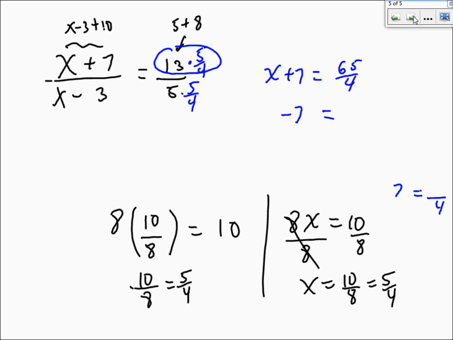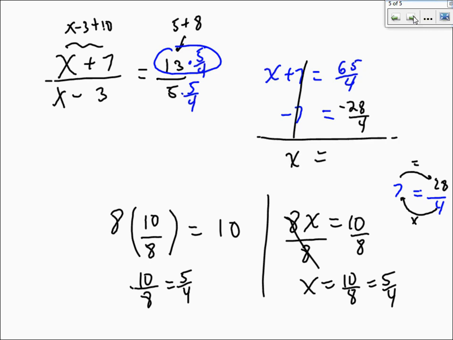It's really simple: 4 times 7 is what goes on top. It equals 28. So here, I'll take away 28 over 4. On the left side, I just get x. On the right side, I get 37 over 4, and that can't be reduced, and there's my answer.